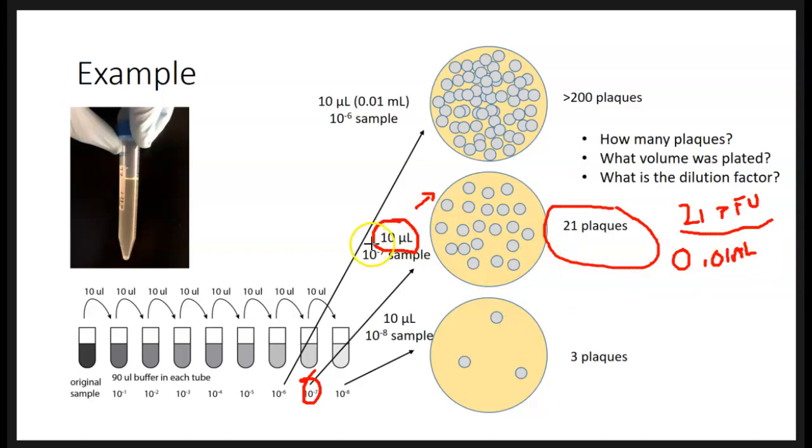But we know that this sample is actually diluted many times compared to the original sample, and we're really interested in what the PFU per milliliter concentration of the original sample is. So we have to correct for that dilution factor. And the dilution factor there is 10 to the minus 7.